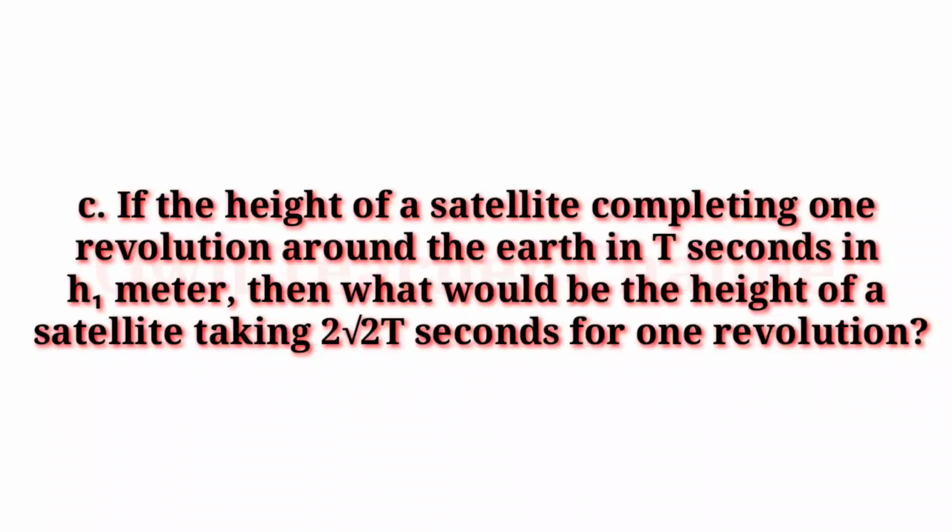If the height of a satellite completing one revolution around the Earth in T seconds is h1 meter, then what would be the height of a satellite taking 2 under root 2 T seconds for one revolution?